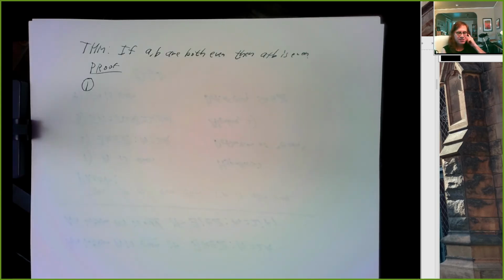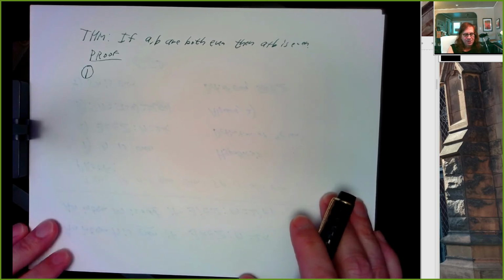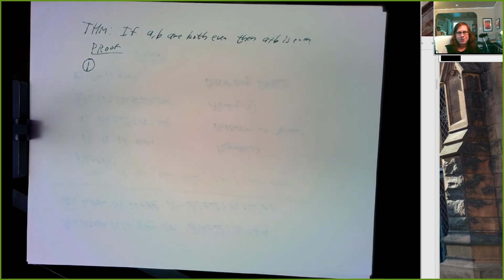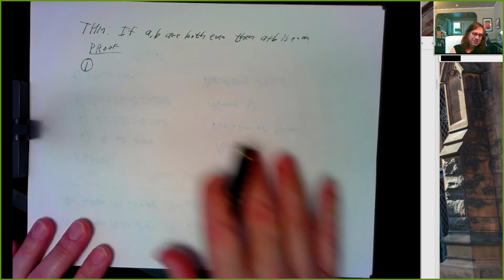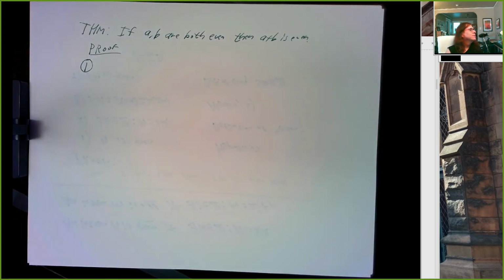And this is generally how you want to start doing proofs like this, is convince yourself that it's true. Try to figure out, if I take two evens, why is the sum going to be even? Or try to convince yourself that it's not true. Try to find something that breaks this and see what you keep running into.